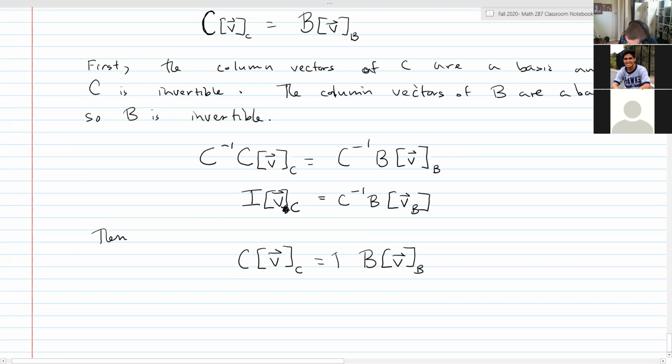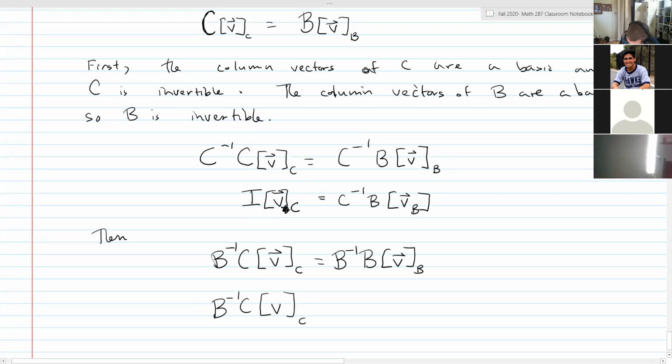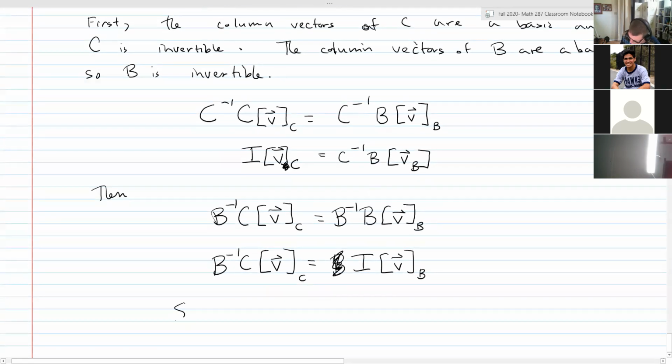Then we left multiply by B inverse, and what we're left with is B inverse C, VC equals I, VB. So B inverse C equals C inverse B, which equals I.